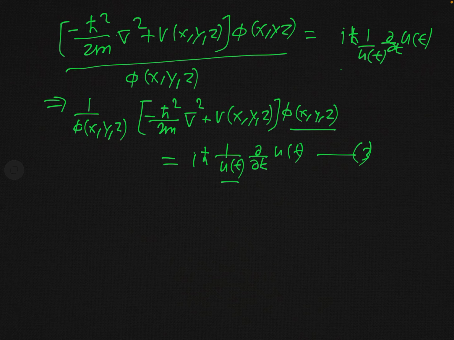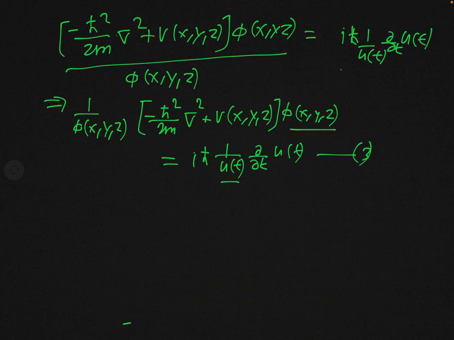So now the variables are separated, and as this equation will hold for all values of x, y, z, and t, it will be possible only when the LHS and RHS both will be equal to the same constant.